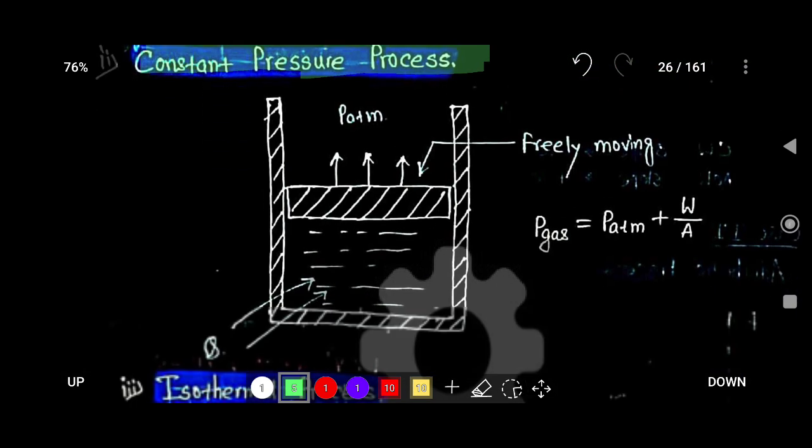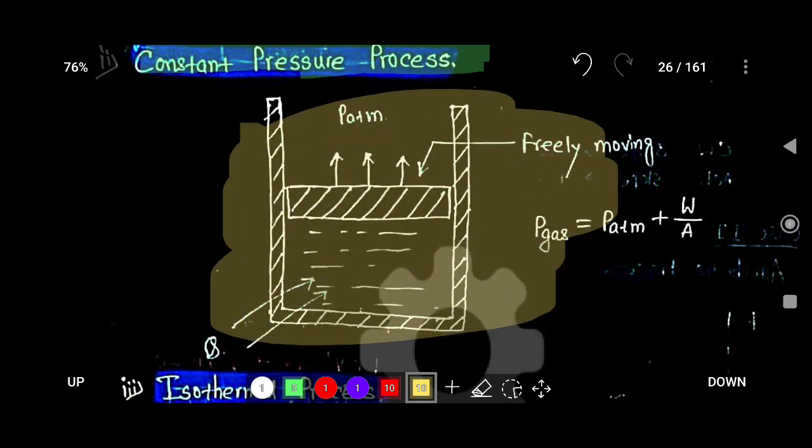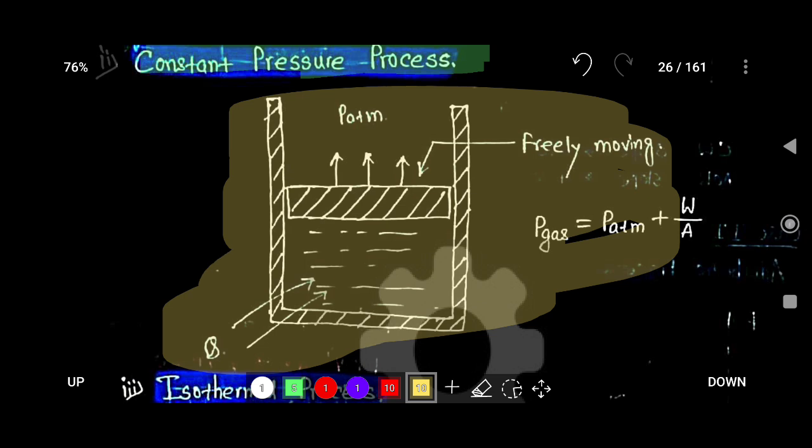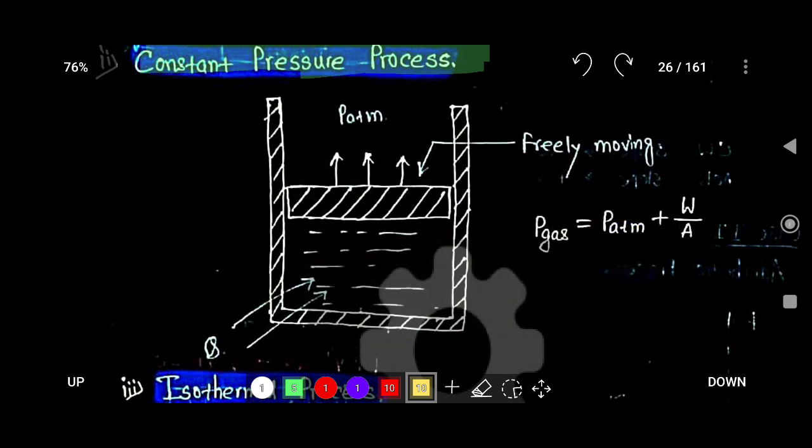Constant pressure process. How to understand that process? Suppose this is our system, and this is the boundary of the system.